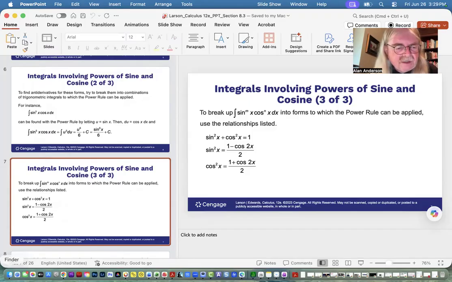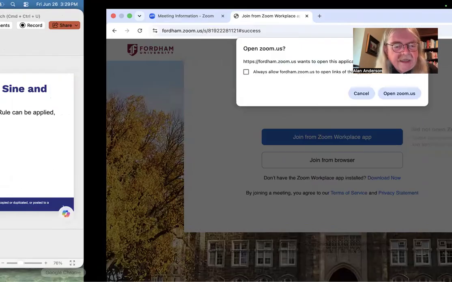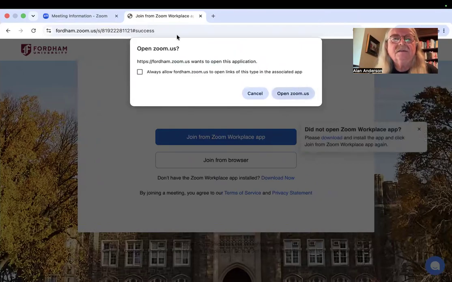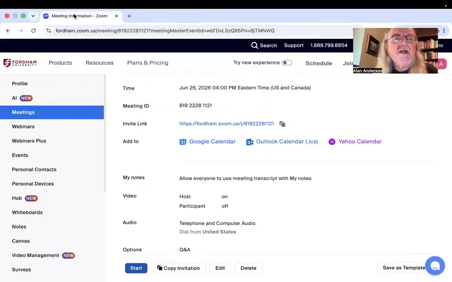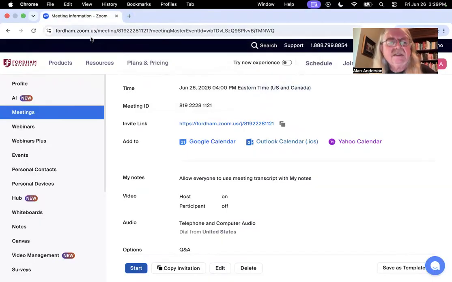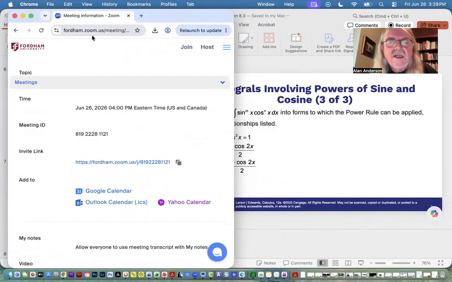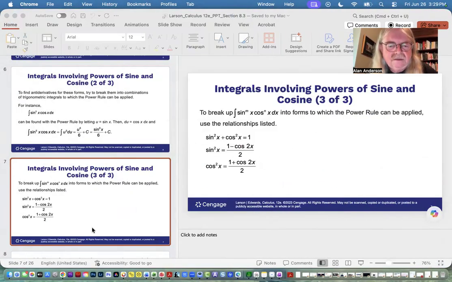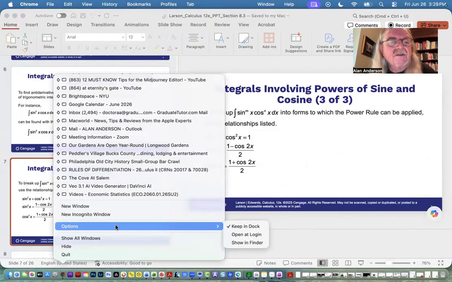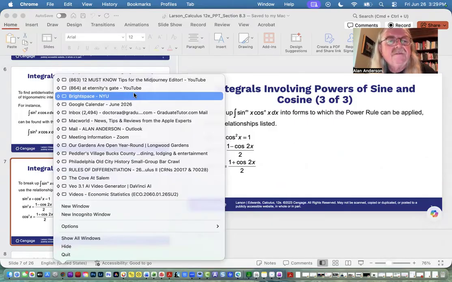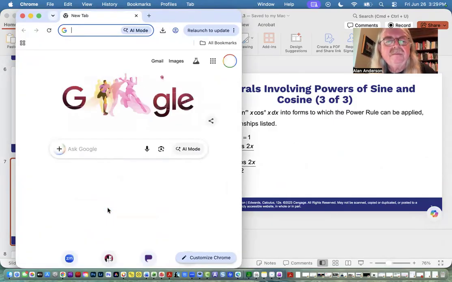I'm not sure if I copied them into Brightspace or not. Hold on one second, let me go find Brightspace. I'm just curious to know if I might have put it in there.